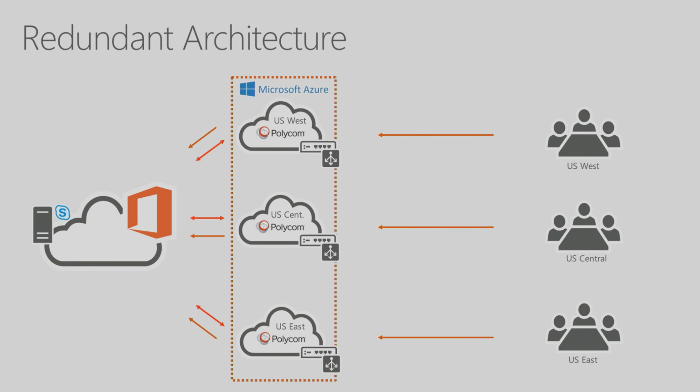Obviously, we're looking to deploy this globally. Given that the Azure service is also deployed globally, we want to take advantage of the global redundancy that's available to us. Within each instance of the Real Connect service, we have our own resilience deployed. For example, there are multiple MCUs. When someone dials into that service, they hit what we call the call redirector, which is effectively like a hardware load balancer.